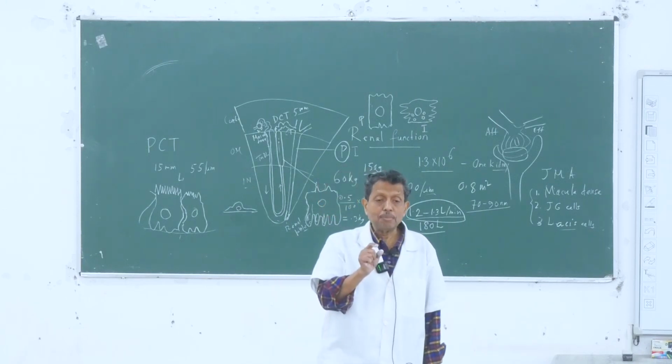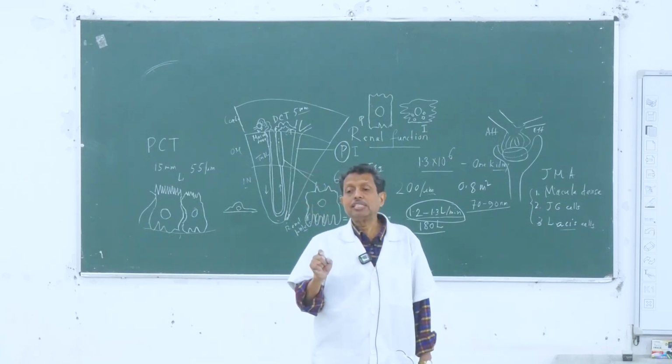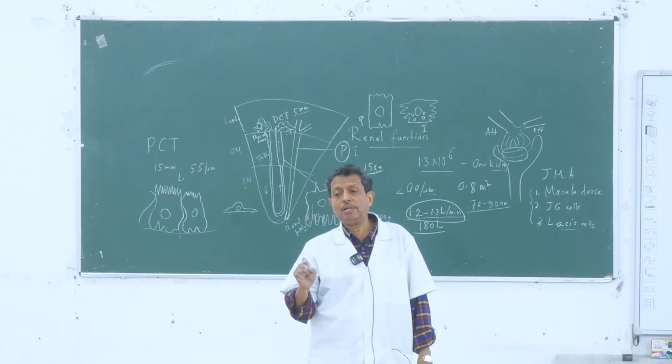But in the case of juxtamedullary nephrons, the efferent arteriole divides into branches that give rise to peritubular capillaries.